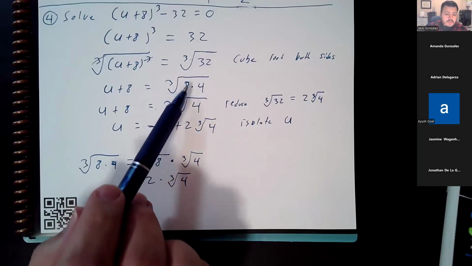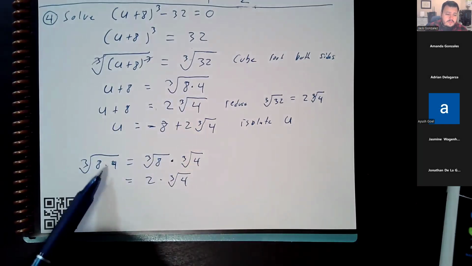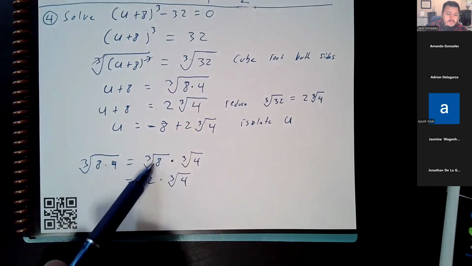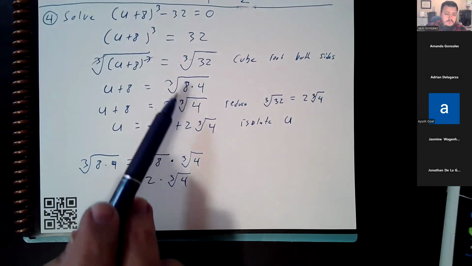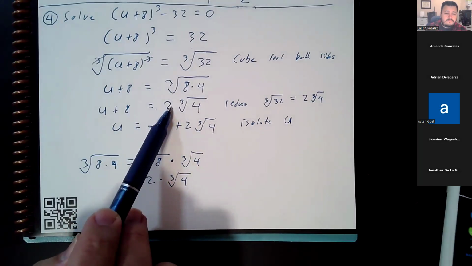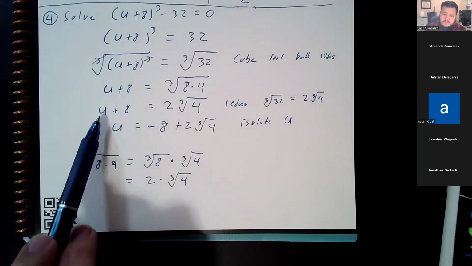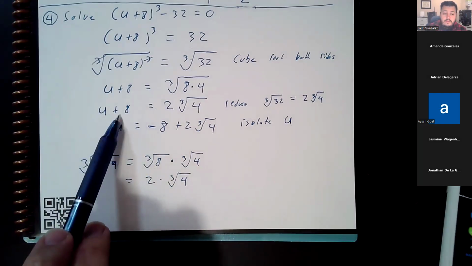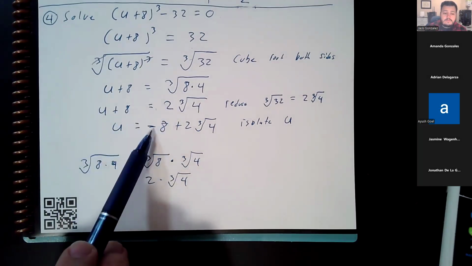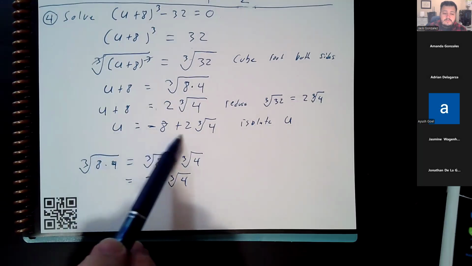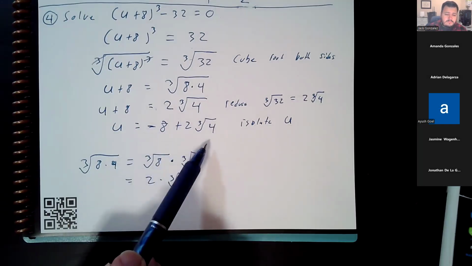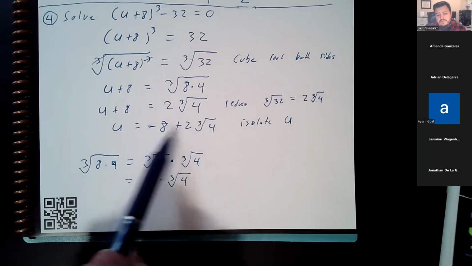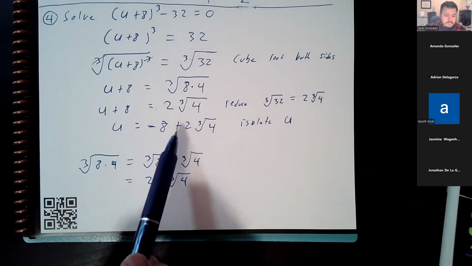So when I saw the 8, I'm like, okay, well, we can reduce that guy. Cube root of 8 is 2. I cannot do anything with this, so I just left it alone. And then I said, well, I'm solving for u. That's the whole point of all this. Minus 8 on both sides. So u is equal to this nonsense. This is the exact answer. It's not pretty. If you punch this into your calculator, you get a decimal.